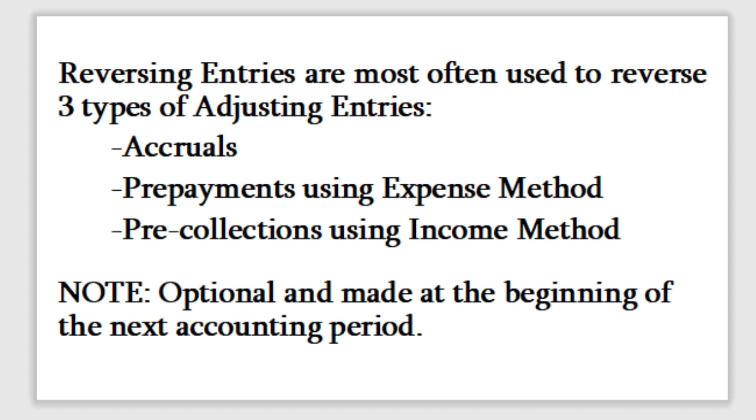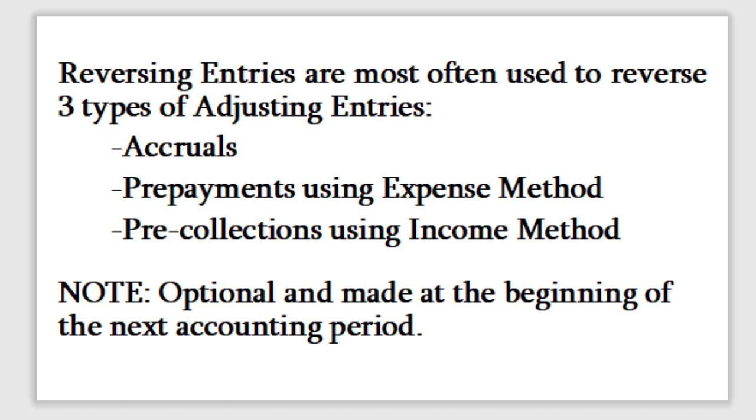Next is the pre-collections. Ibig sabihin ng pre-collections, yun yung unearned income or yung meron kang na-receive na pera pero hindi mo pa na-earn. So again, dito sa pre-collections natin, meron tayong 2 method na ginagamit. Under our adjusting entries, we have the liability method and the income method.